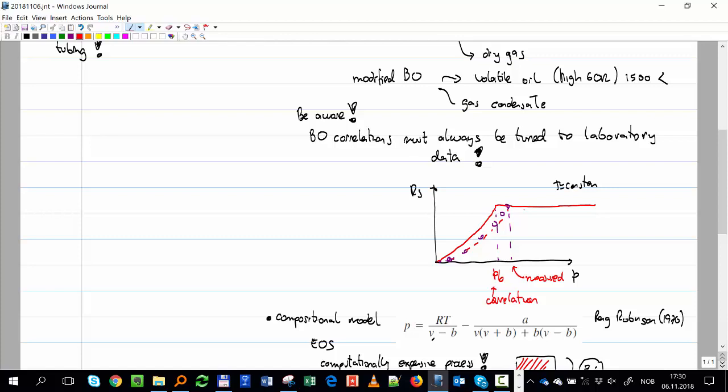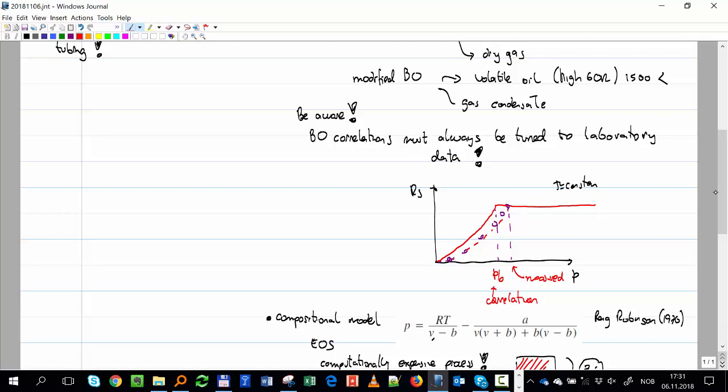But you always have to plot and see how it compares to the data, especially because of the surface process. It might be that you have exactly the same crude that Standing used when developing his correlation, but you're probably using another surface process, and that has an effect.